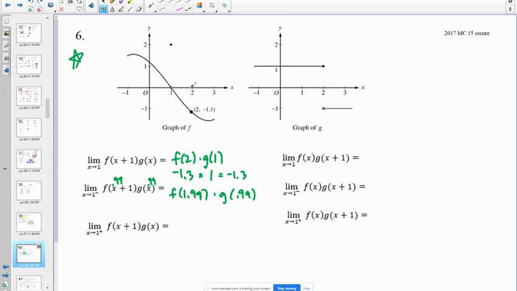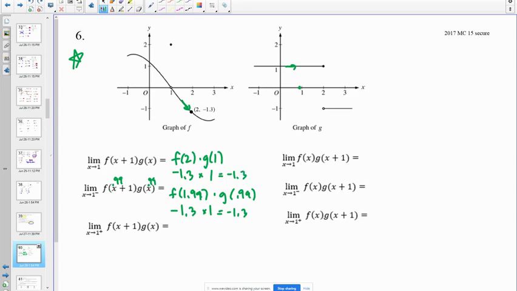So here's 1.99. As f approaches 2 from the left, what's my y value? Well, that's -1.3. What about g approaching 1 from the left? Because 0.99 is here. So when g is approaching 1 from the left, about 1.99, what's my y value? That's 1. If I multiply together, I do get -1.3, which looks good so far because it's the same as what I got above.